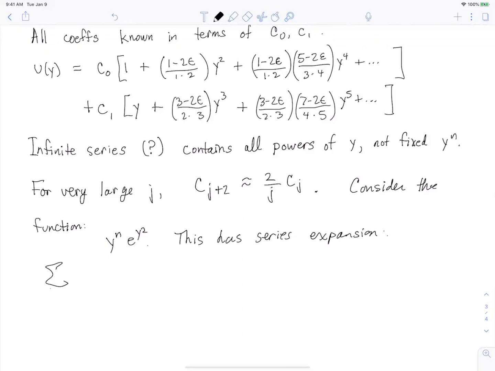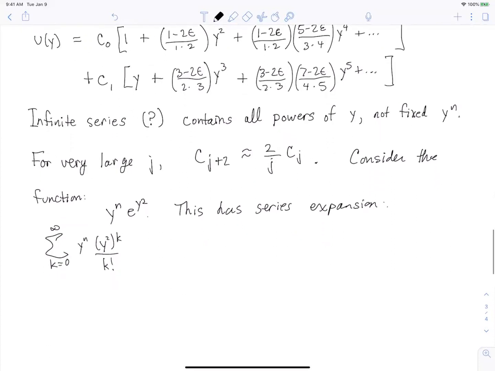Sum k equals 0 to infinity, y to the n, y squared to the k over k factorial. I've just plugged in the definition of e to the y squared, so this is just rewriting it. Sum k equals 0 to infinity of y to the 2k plus n over k factorial.